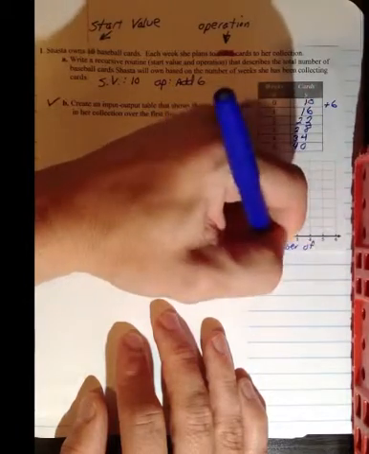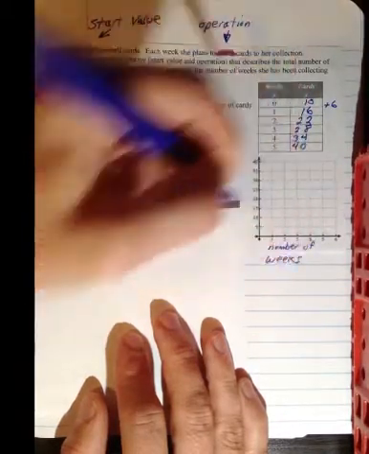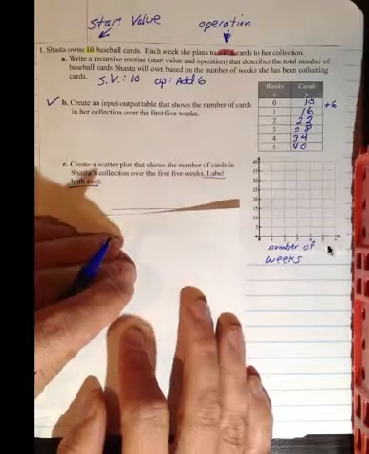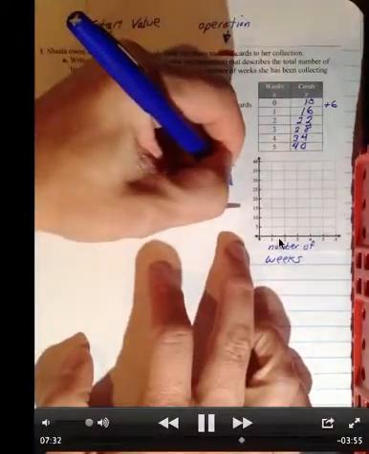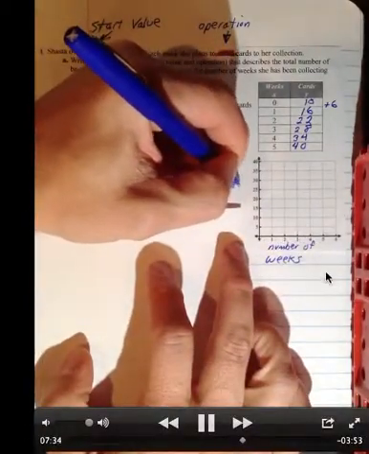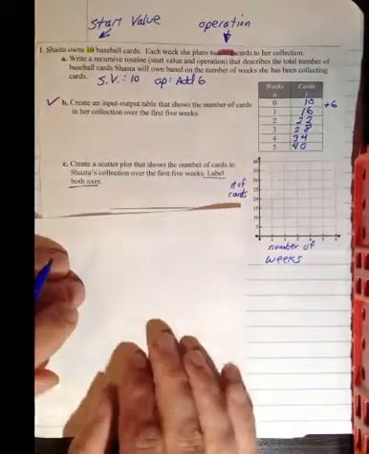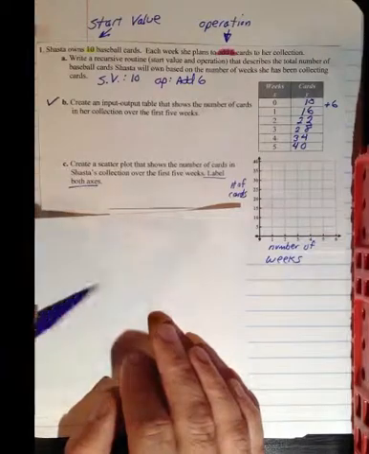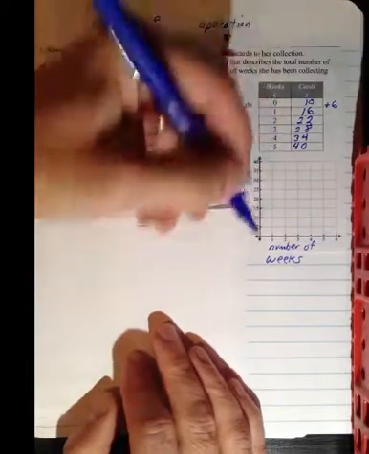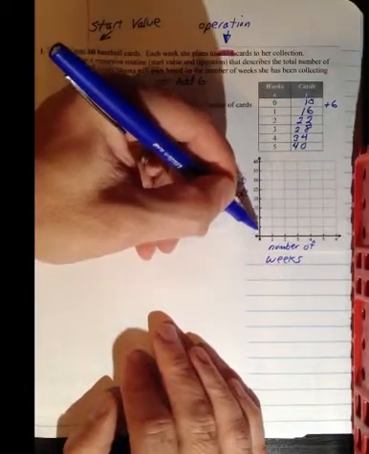If we have time, we almost always have it go along the horizontal axis. So this is 0 weeks, 1 week, 2 weeks, 3 weeks, and so forth. Along the side, we're going to say the number of cards in her collection, and that would be the total number of cards. So at 0 weeks, she has 10 cards.